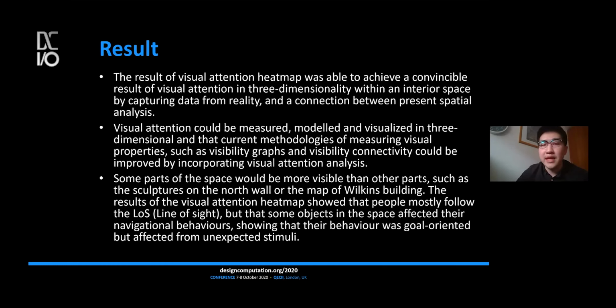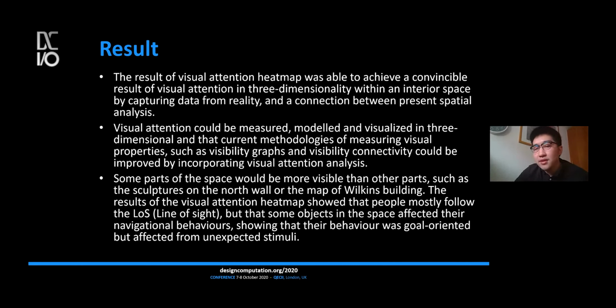For example, the viewing angle might be limited to a specific 90 degrees or so, because the distance of the viewing objects is quite different from the interior space. And there is a connection with present spatial analysis. So I think there is a strong connection between existing spatial analysis and visual attention, which could be measured, modeled, and visualized in three dimensions.